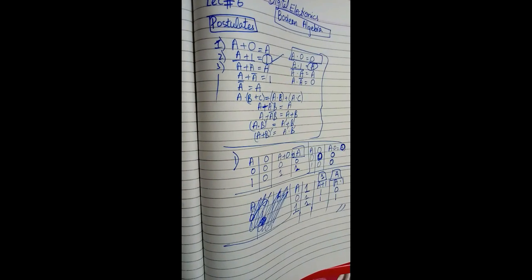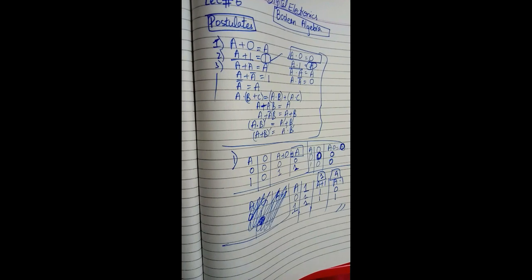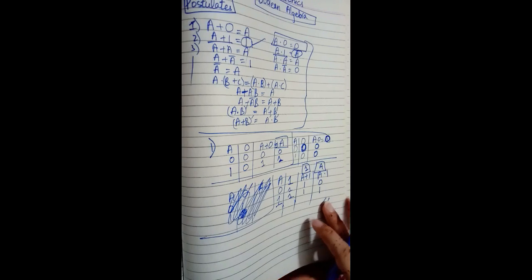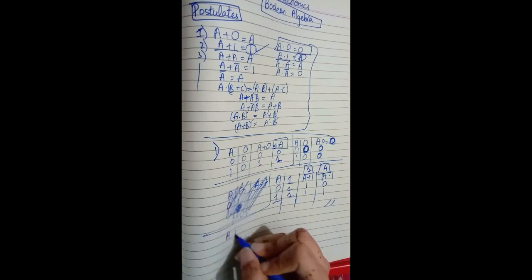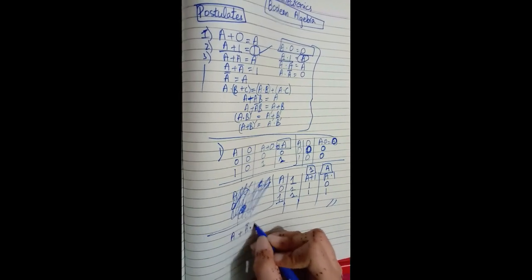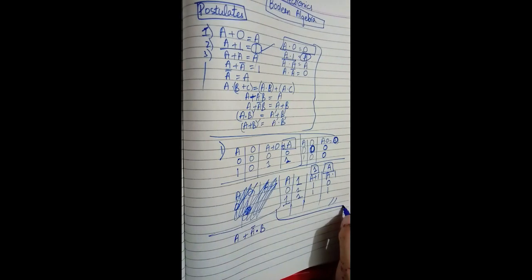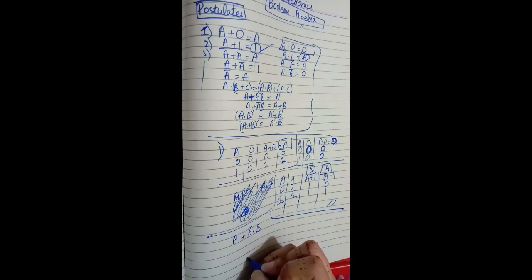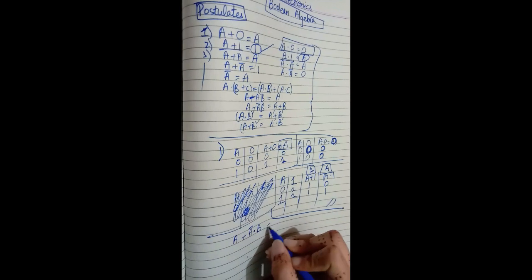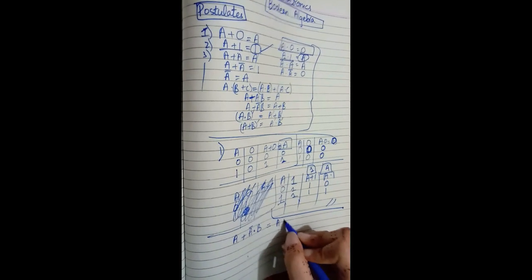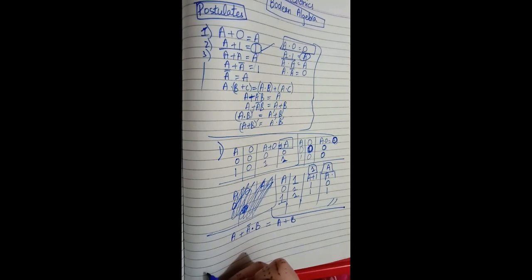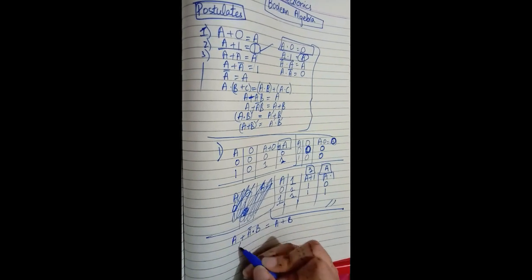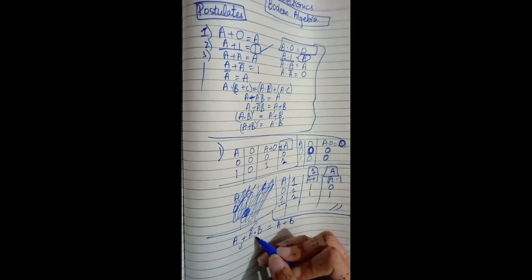Now we will see an example of why we are studying the postulates in Boolean algebra. For this, we will take the example A plus A bar dot B. Now we will simplify it, and you can write it as A plus B, since A bar dot B is equal to B. In this we have three gates which we are using: OR, NOT, AND.